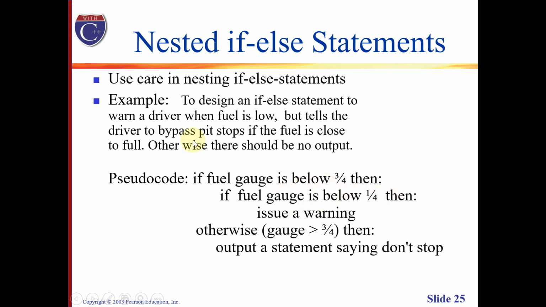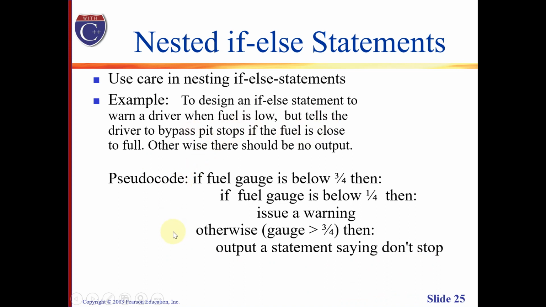Otherwise, if our current fuel is greater than 3/4, then there's no need for our driver to stop. If we look at the pseudocode, it's actually quite straightforward in relation to the problem that is given.